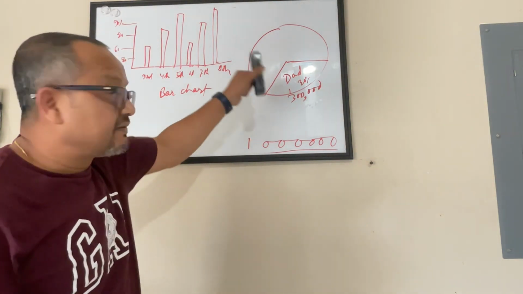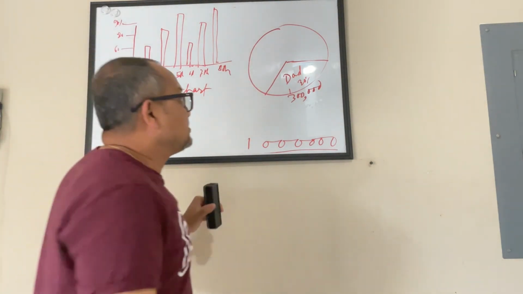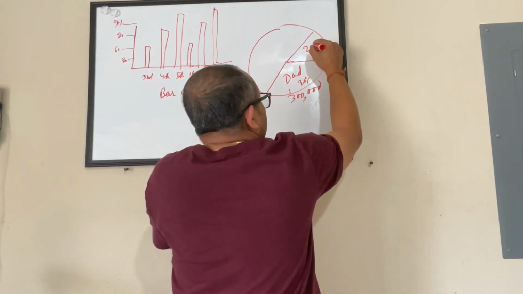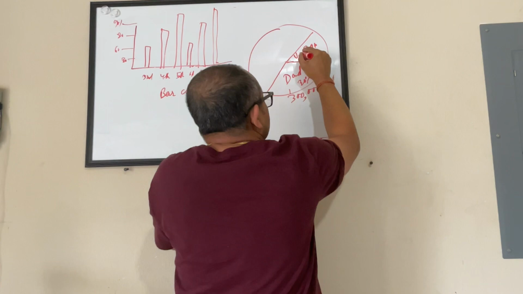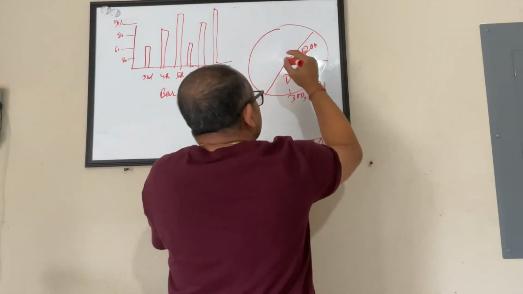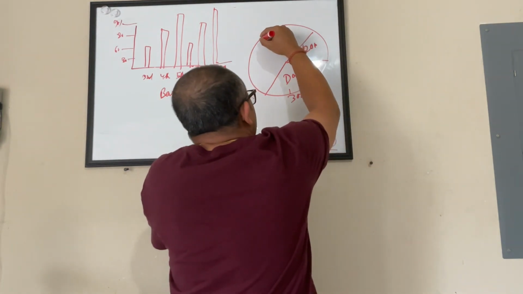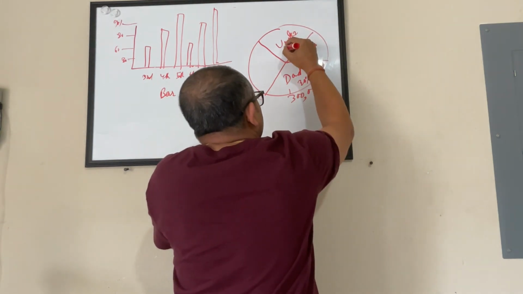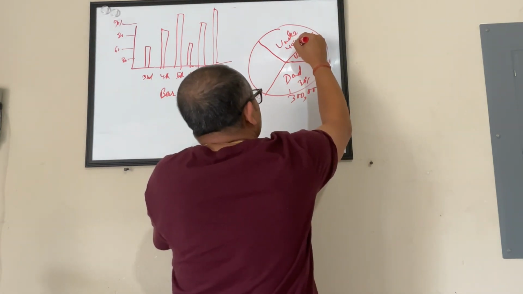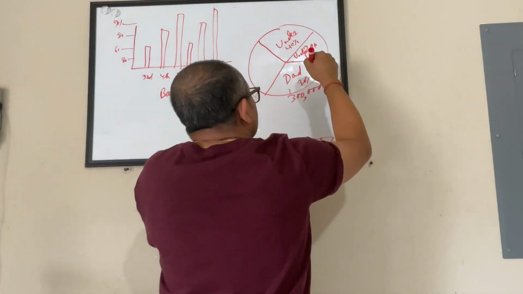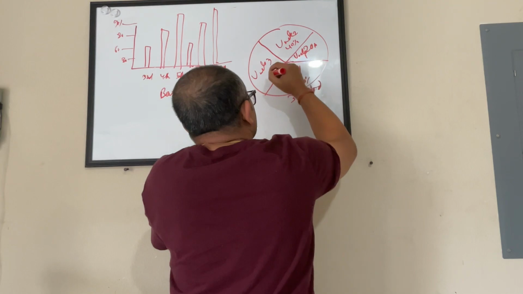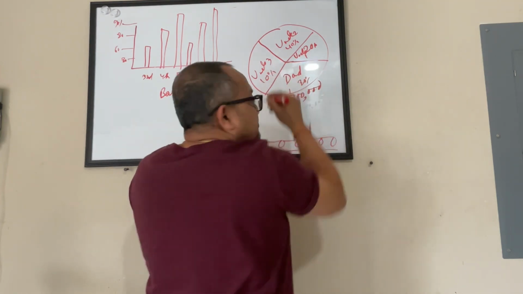Now, the remaining 70%, he says, okay, I will distribute among the other 3 children. Let's say one uncle gets 20%, uncle 2 gets 40%, and uncle 3 gets 10%.